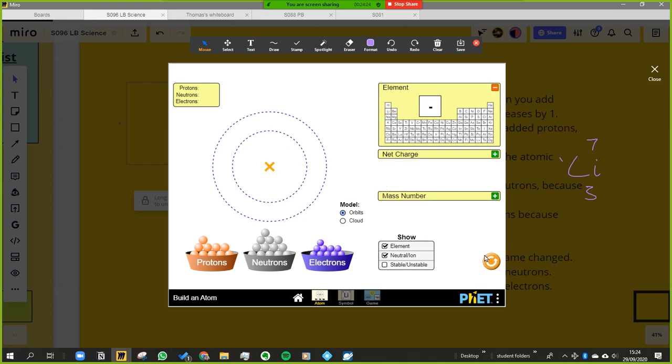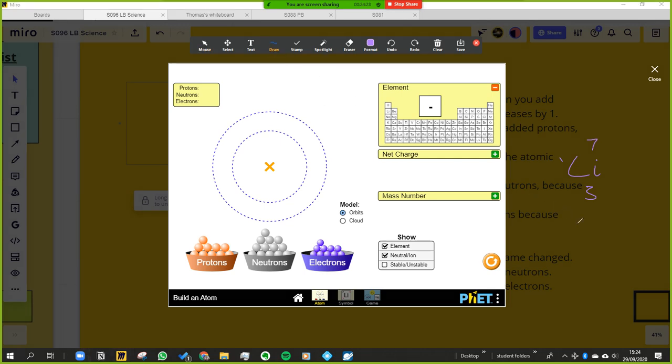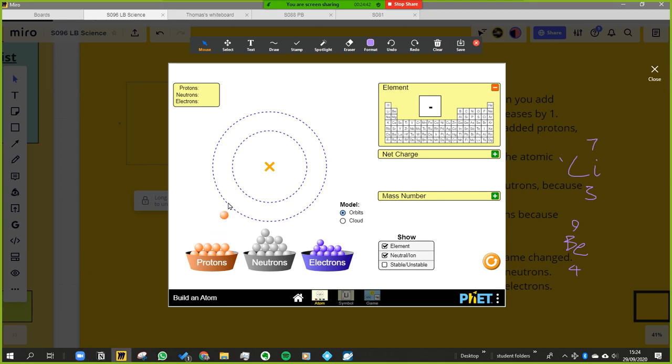So for example, if we had to make another type of atom, let's say beryllium. Beryllium has got a mass number of 9 and an atomic number of 4. And if we have a look over here, there's another little trick. When I add 1 proton, notice that one's coloured in, and it's called hydrogen. The next one along is helium.